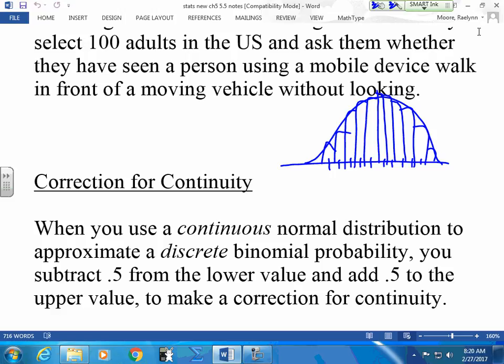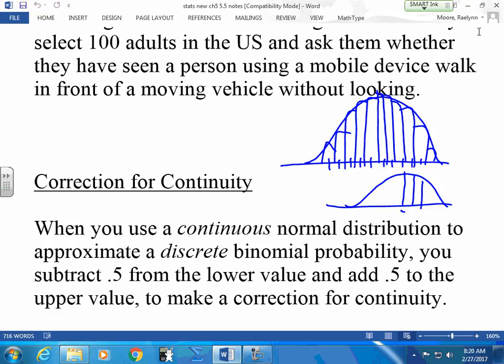Discrete meaning there's no decimals in there. So technically there's no bar in there. If I have one person, two persons, three persons, four persons, frequencies, whatever, it's just a line. If I make this 1, 2, 3, 4, whatever, these guys are just lines. They're not bars. They're lines because there's no decimals in here.